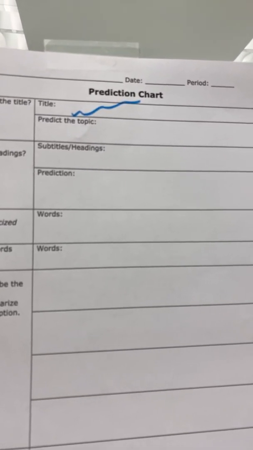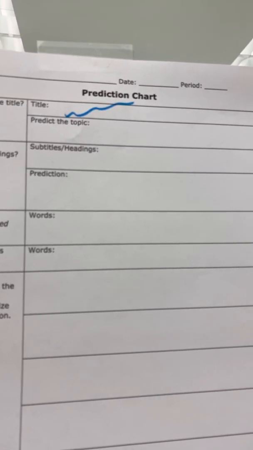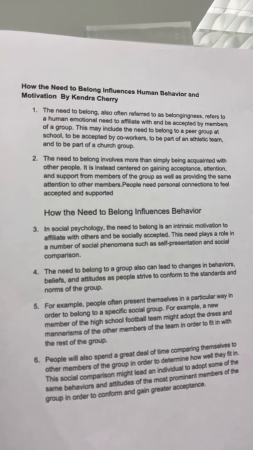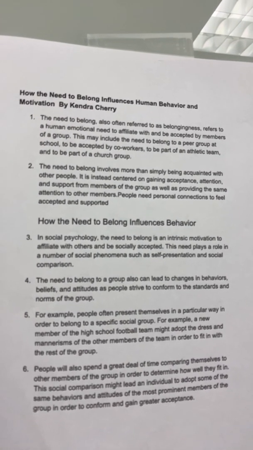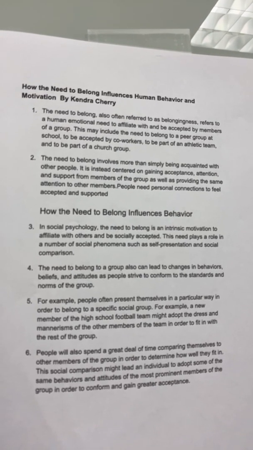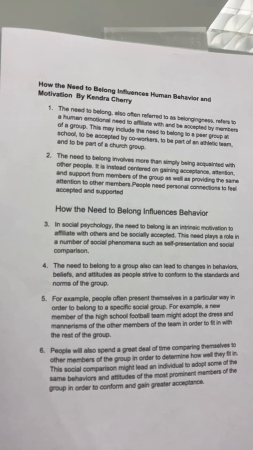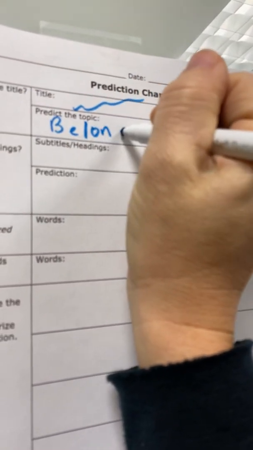But I would predict that this article is going to have something to do with how people need to feel like they belong and how that might make them behave or make them want to do stuff. So something to do with belonging and then influencing or causing how people behave, something like that.